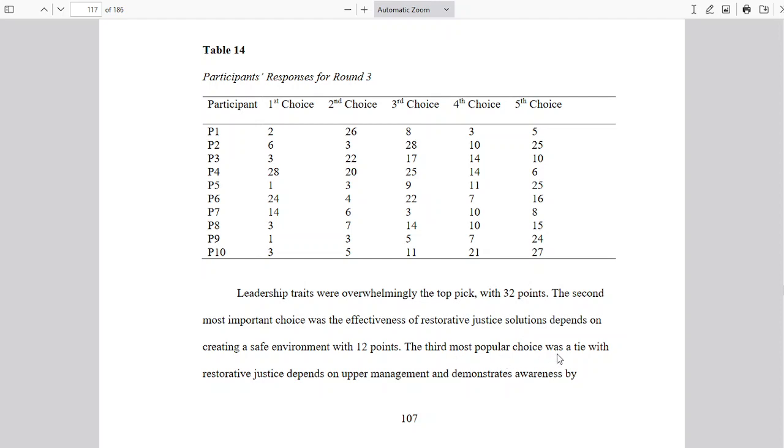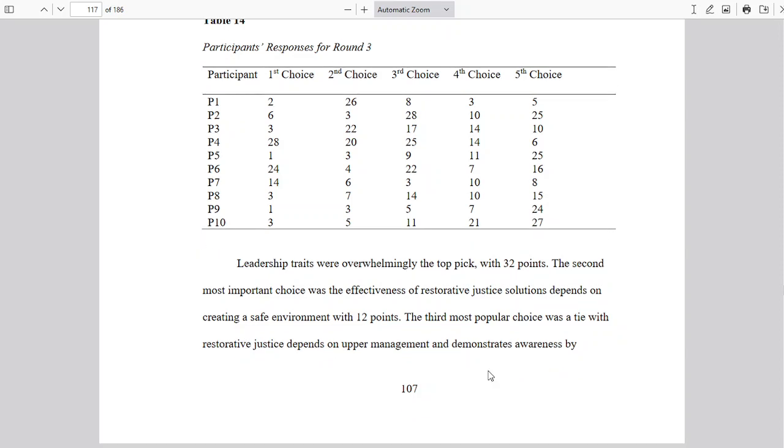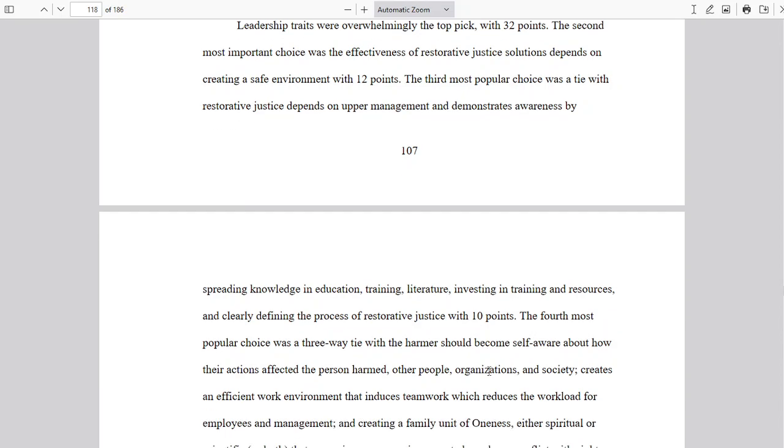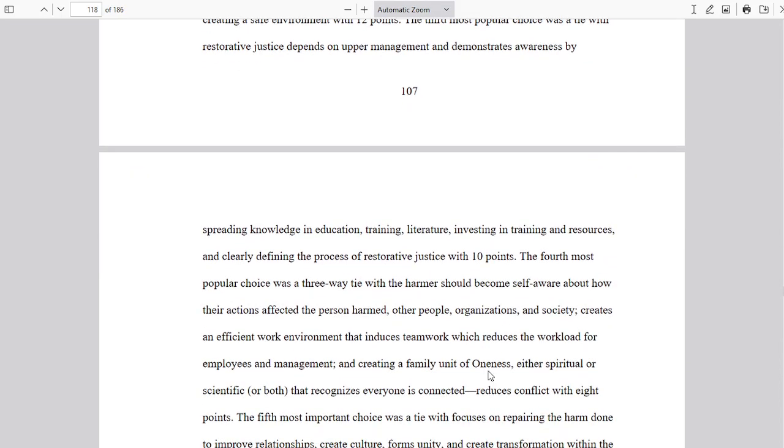Okay, the third most popular choice was a tie with restorative justice depends on upper management and demonstrates awareness by spreading knowledge in education, training, literature, investing in training and resources, and clearly defining the process of restorative justice with 10 points. The fourth most popular choice was a three-way tie with the harmer should become self-aware about how their actions affected the person harmed, other people, organization, and society.